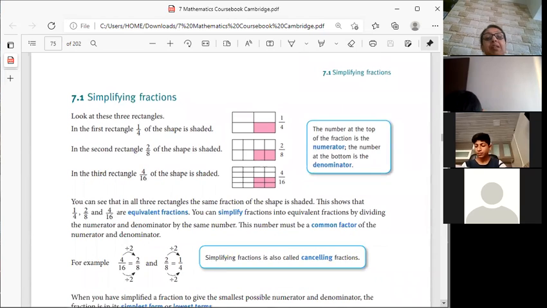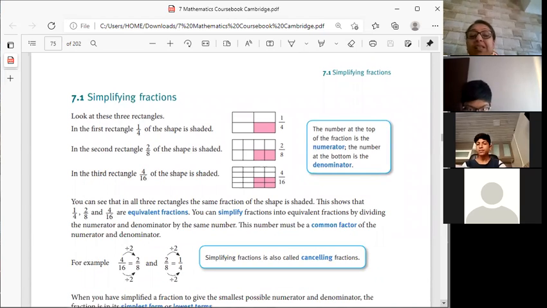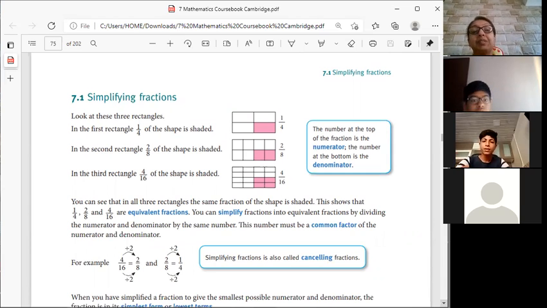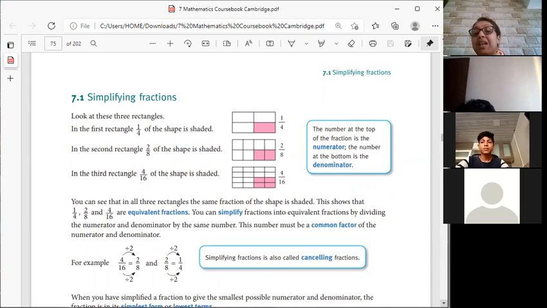Now we are doing 7.1. Can you see 7.1? You can see 3 rectangles, and in those 3 rectangles you can see parts. The first rectangle is divided into 4 equal parts.